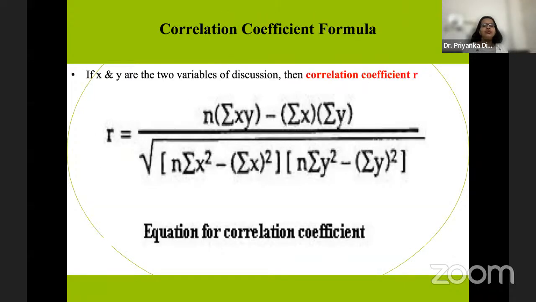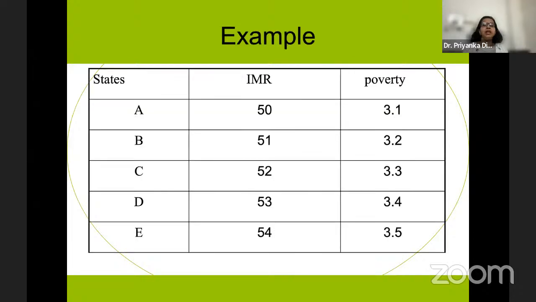So I'll just show you one example. Let's say we have the information of infant mortality rate at country level, and then we have how much is the poverty at country level. We wanted to see, is there any relationship between the poverty and the infant mortality?